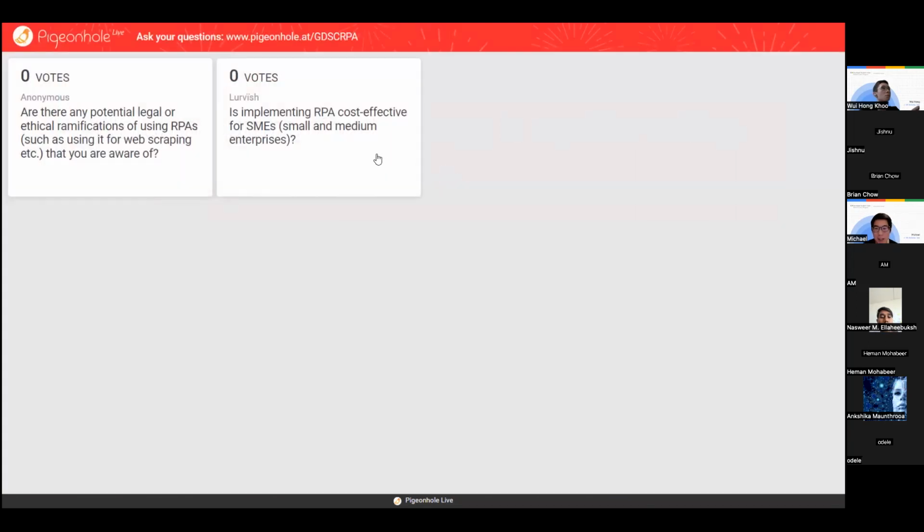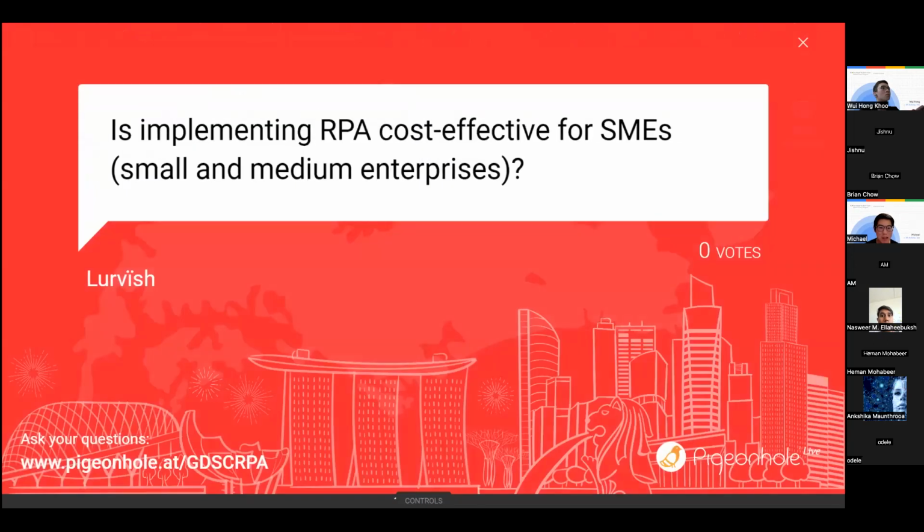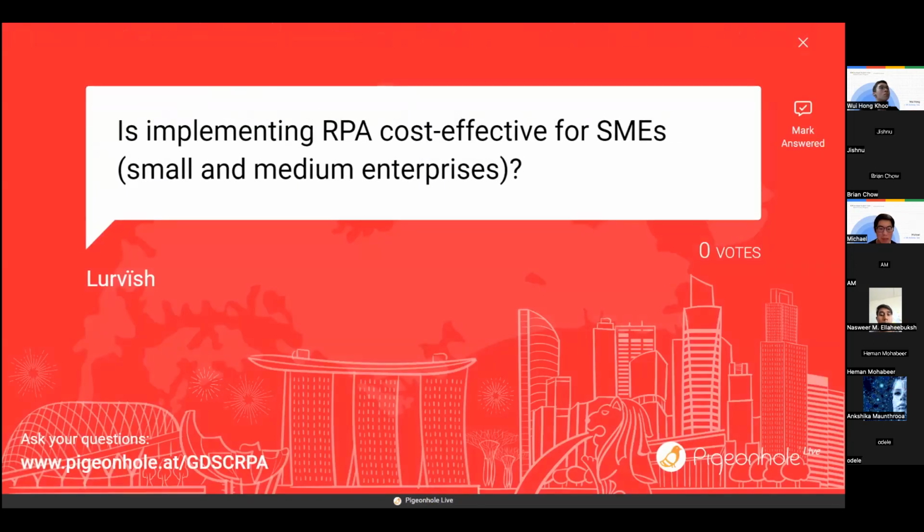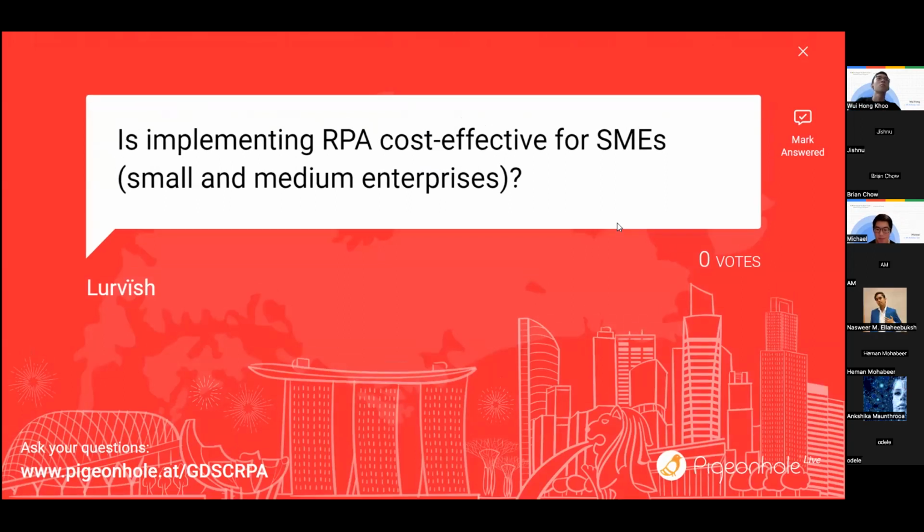Sure. The next question we have from Lavish is, is implementing RPA cost effective for small and medium enterprises? Sure, it is. It is very effective. Why? Because even in a small and medium enterprise, you have lots of processes.